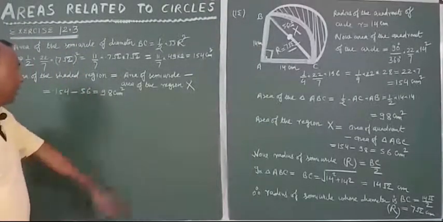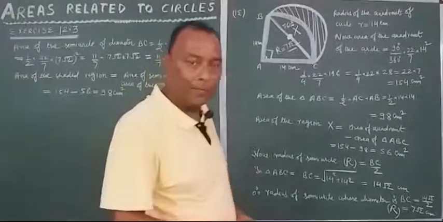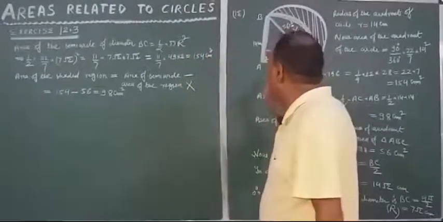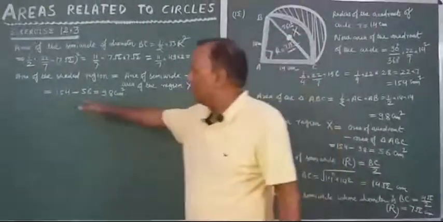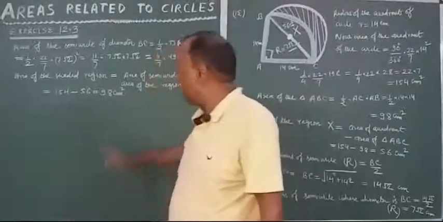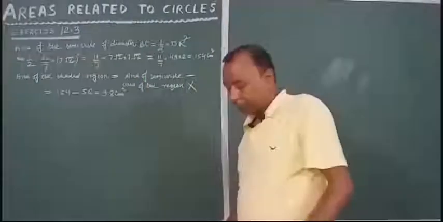When you subtract, you will get 98 centimeter square. So the area of this shaded region is 154 minus 56, and that will become 98 centimeter square.